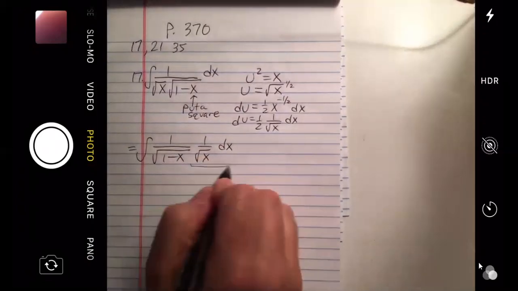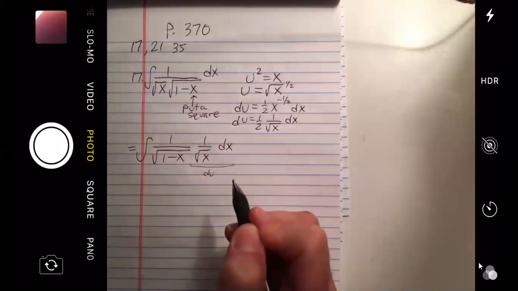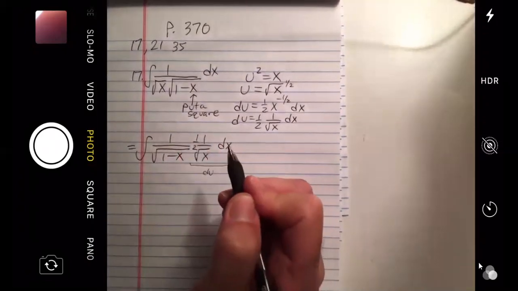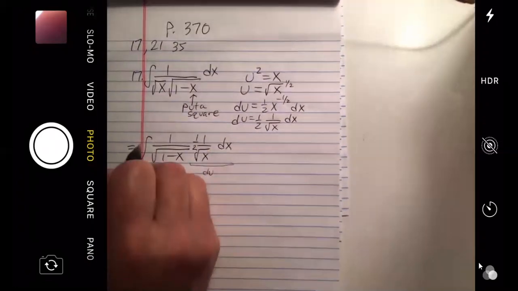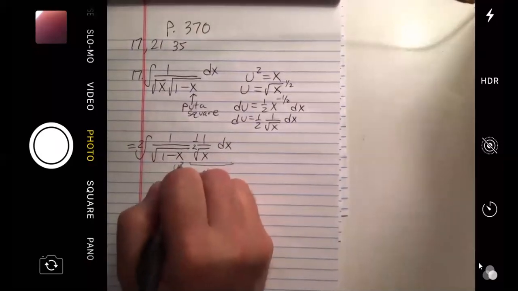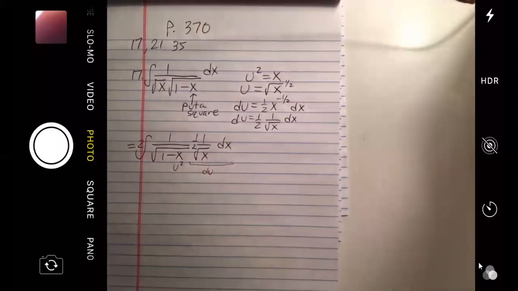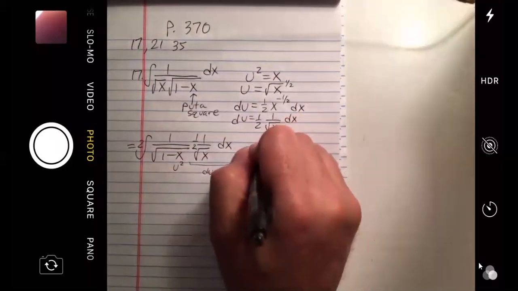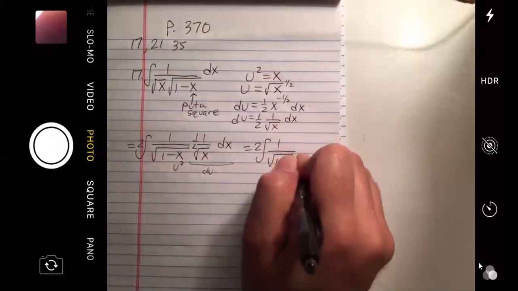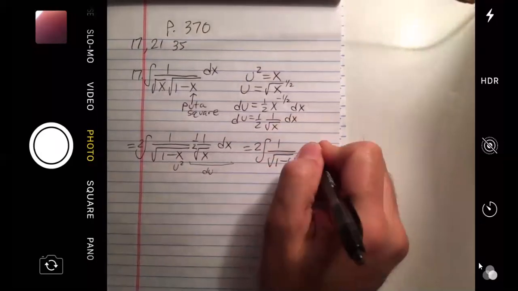This is going to form my du, but I do need a 1/2 in it. Therefore, at the front, I need a 2. And this is my u squared. So I wind up with a 2 integral 1 over square root 1 minus u squared du.